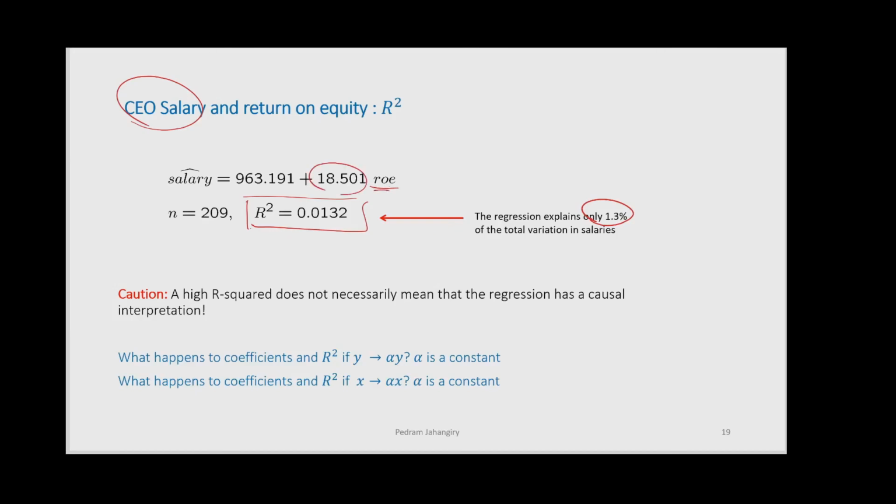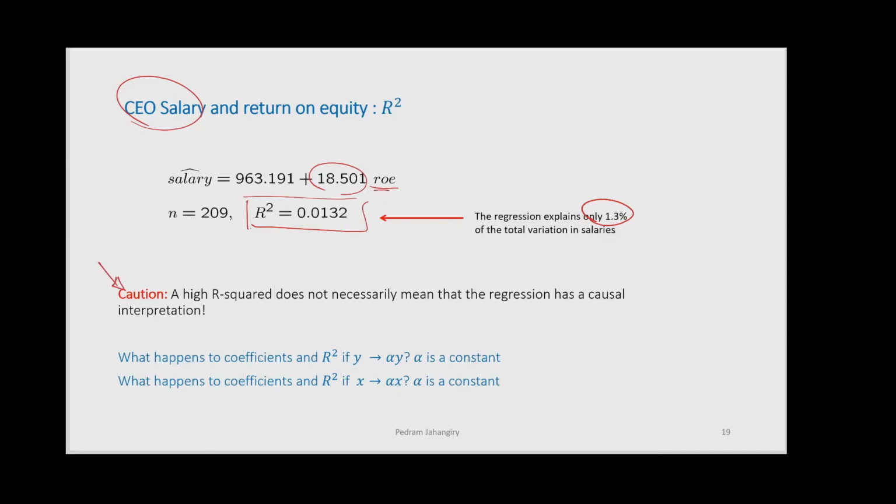I was not surprised, for 2 reasons. First of all, this is a very naive model. Simple regression model, we are only controlling for ROE. And secondly, I know salary, yes, it depends on ROE, but there are many, many more important factors that salary depends on, not only ROE. So for that reason, I'm not surprised that the R-square for this model is small. It's only 1.3%.